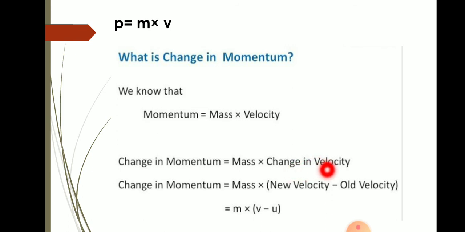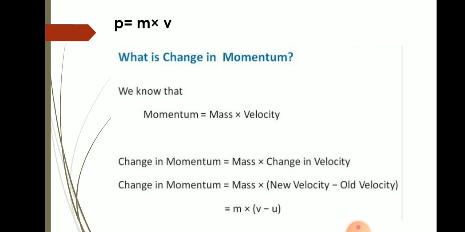New velocity minus old velocity, that is, final velocity minus initial velocity. So change in momentum is equal to mass into change in velocity, that is, final velocity minus initial velocity. Change in momentum is equal to m into (v minus u).